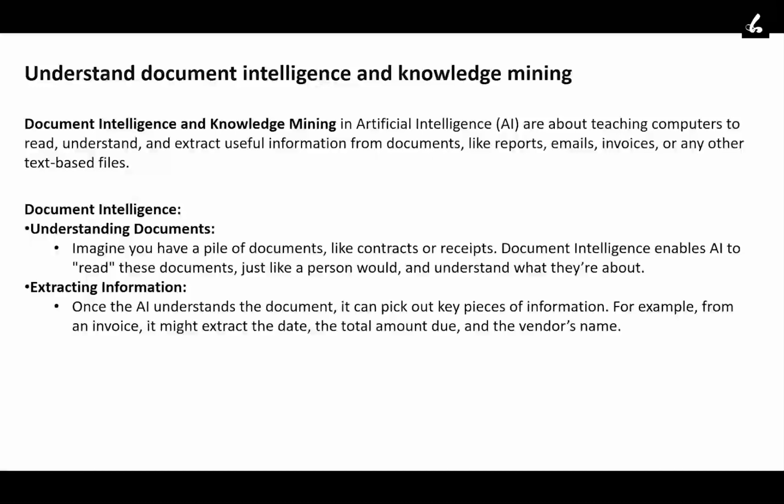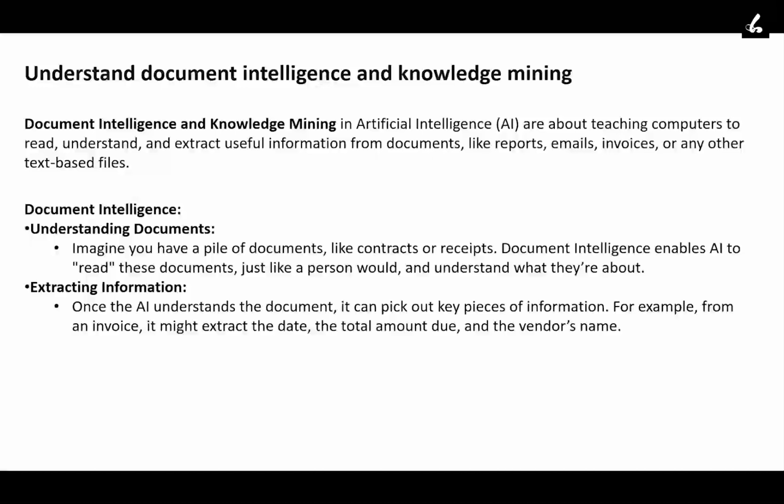Like we read every document, the same way artificial intelligence enables the system to read all the documents and understand what they are about. Like if the reports are about the health sector, it will definitely understand after reading.